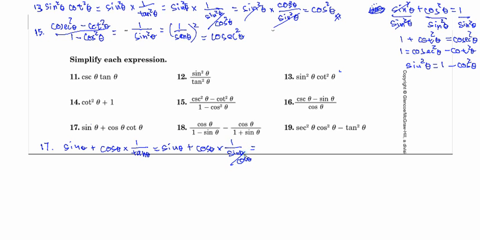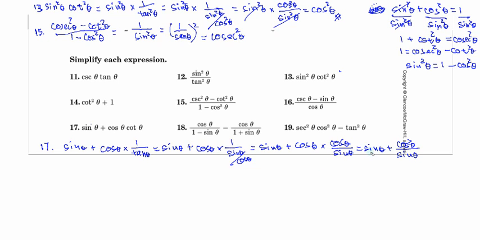Then you have to flip this upside down, so it becomes sine theta plus cosine theta times cosine theta over sine theta. Now further to this, sine theta plus cosine square theta over sine theta.